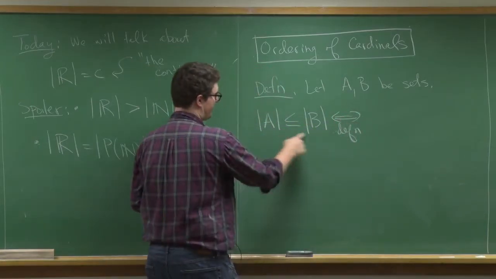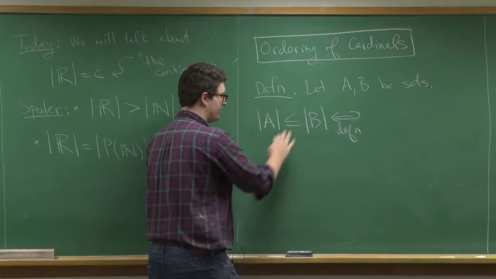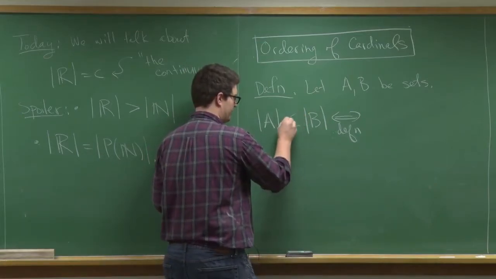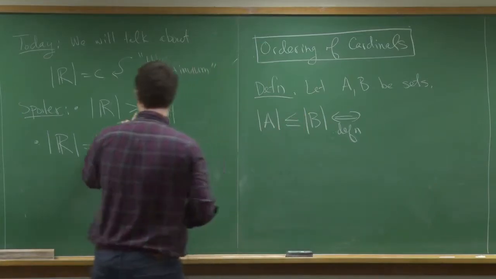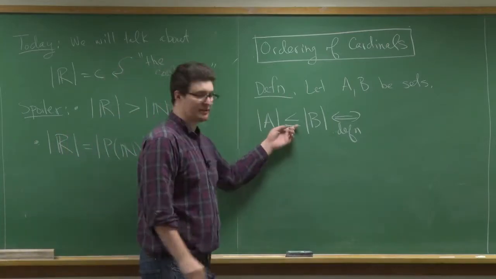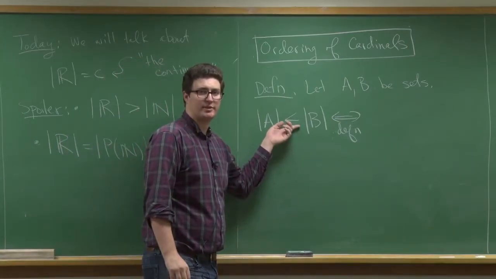So this is how I'm going to define it. Today it's very important that I distinguish between these. So these are supposed to be sharp. This is like a less than or equal to sign. It's not a subset sign. Okay?